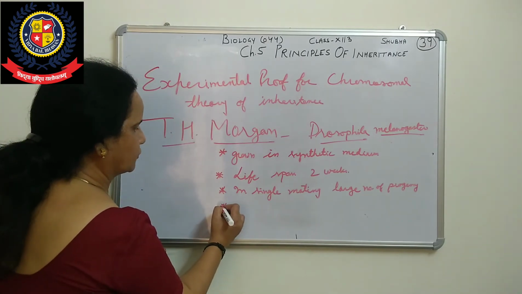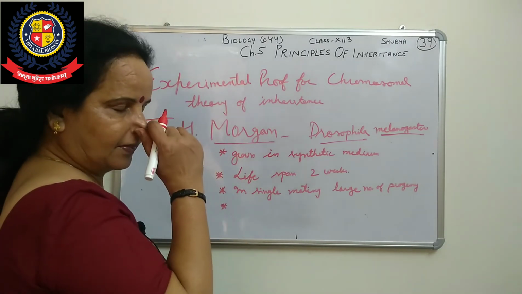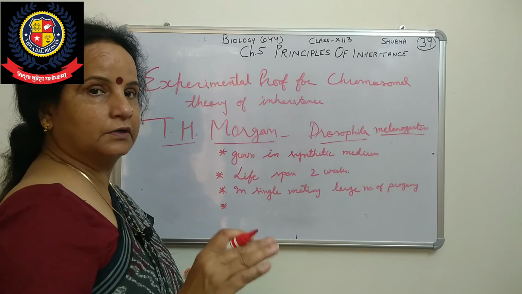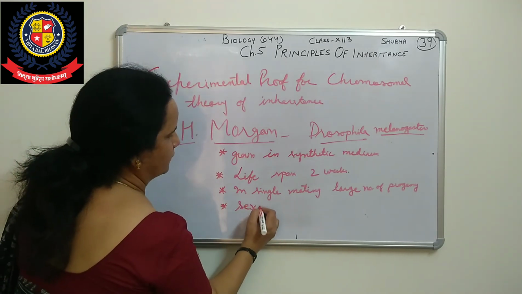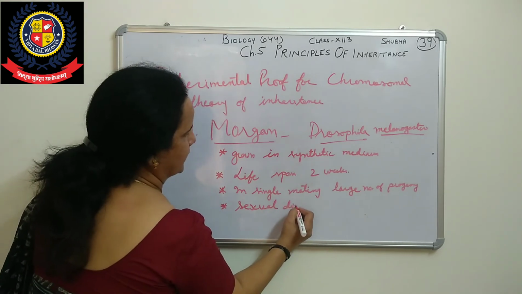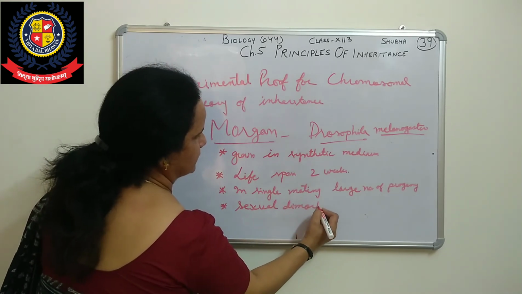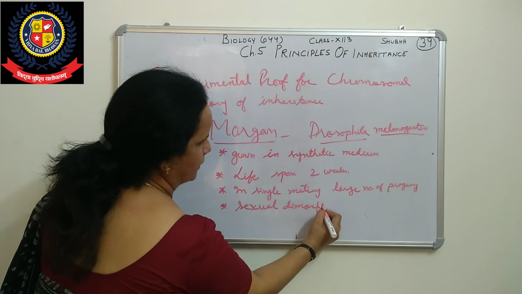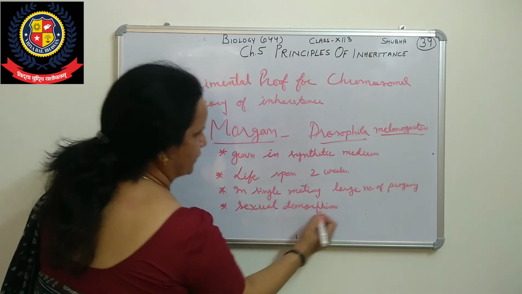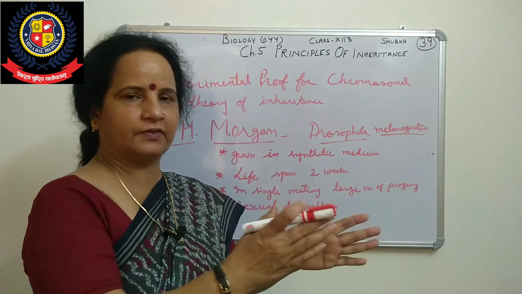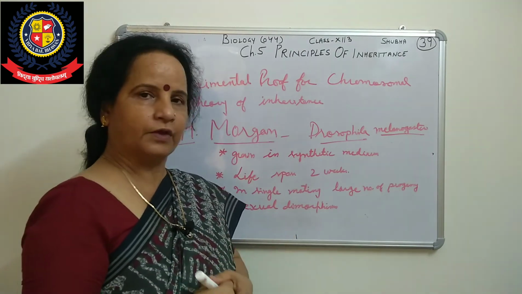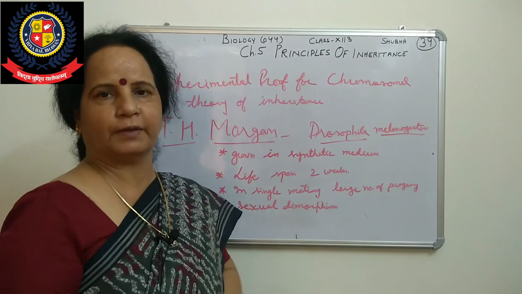Next, they have sexual difference, sexual dimorphism. In Class 11th I told you this number of times. Dimorphism means that when we see the organisms, we are able to tell externally whether it is male or female.